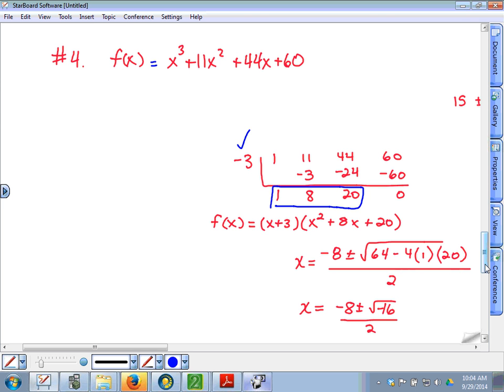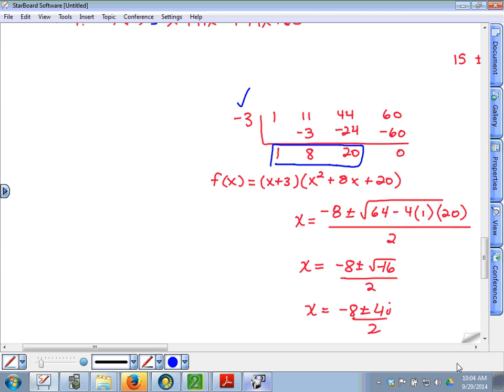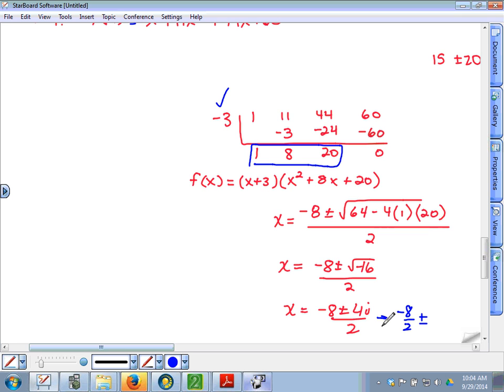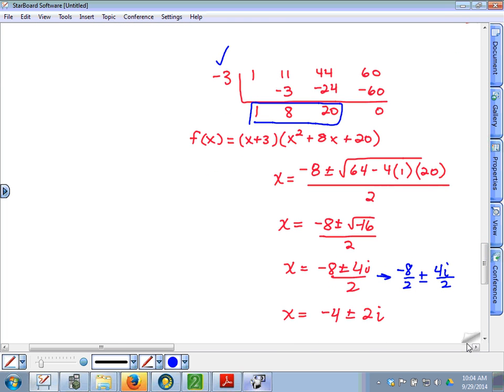Square root of -16 is 4i, so you were to get to here, then -8 plus or minus 4i over 2. And then if you split this up, this is -8 over 2 plus or minus 4i over 2. And hopefully, if you were careful, you got down to -4 plus or minus 2i, right?